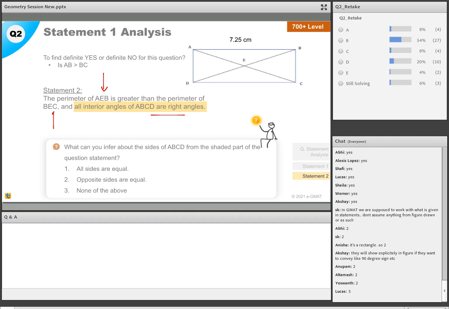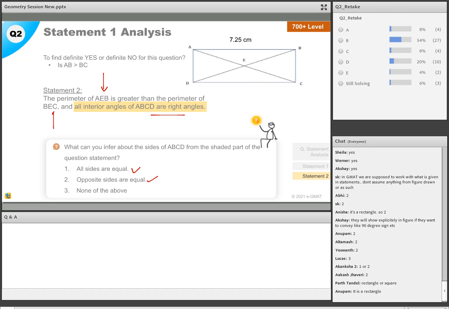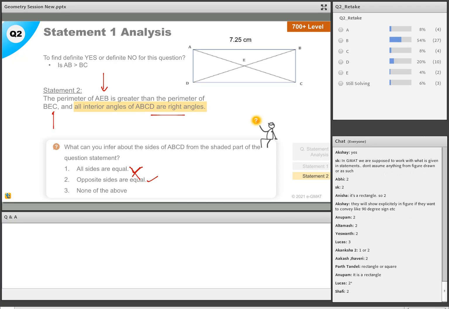Absolutely. We can infer that the opposite sides are equal to each other, right? I cannot for sure say that all the side lengths are equal. That is something that I cannot say for sure, but I can definitely say that since I have right angles, it's definitely a rectangle, right?